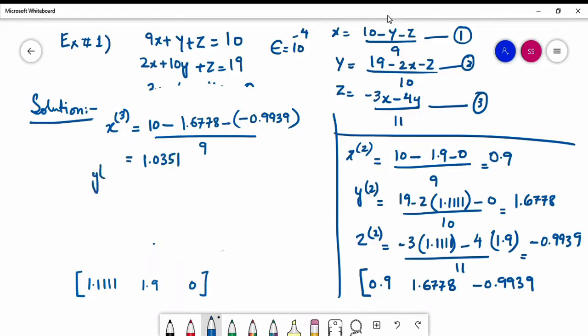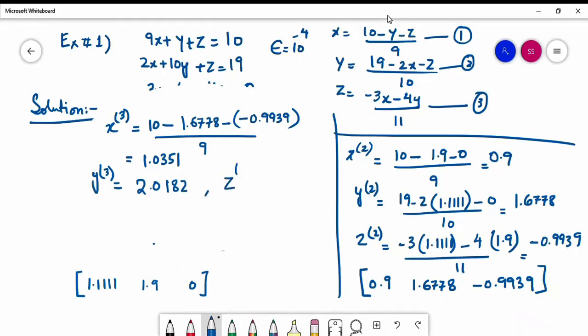And y3, if you repeat all these values, is 19 minus 2 into 0.9 minus z, which is minus 0.9939, so you get the value, and that value is 2.0182.